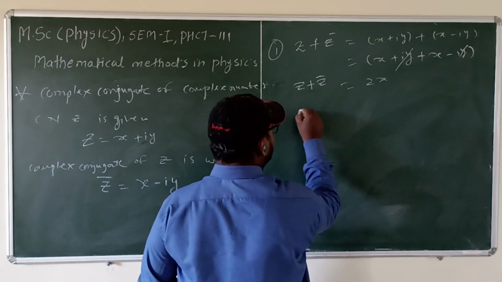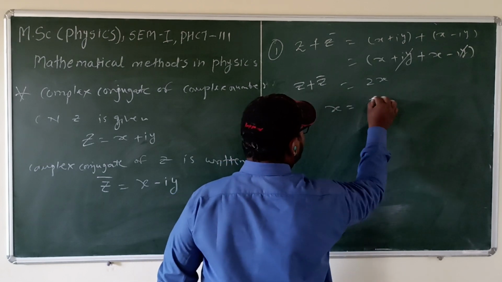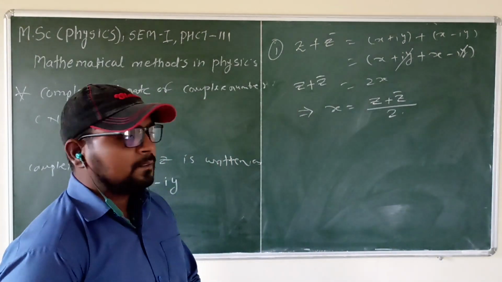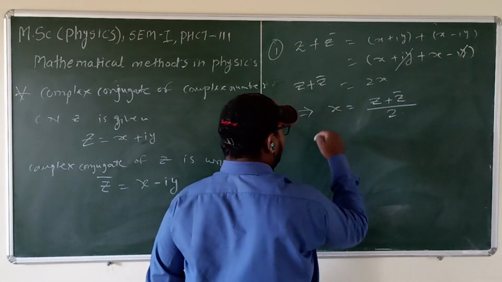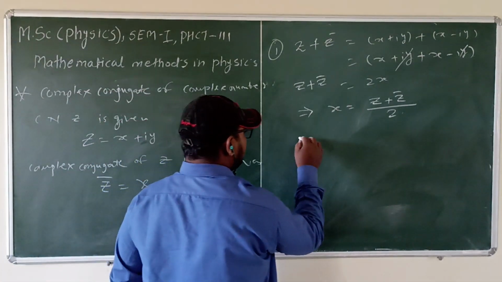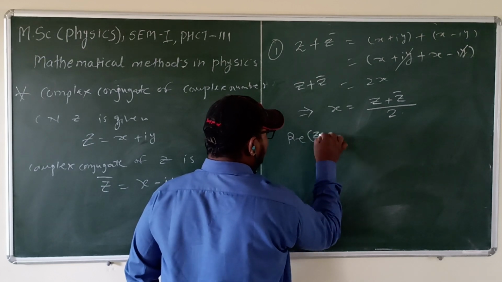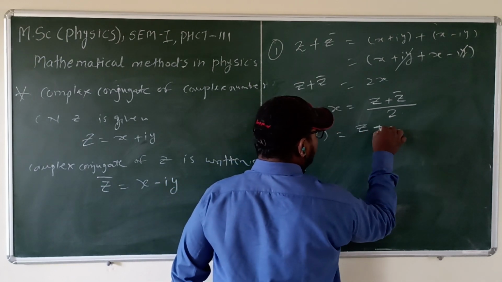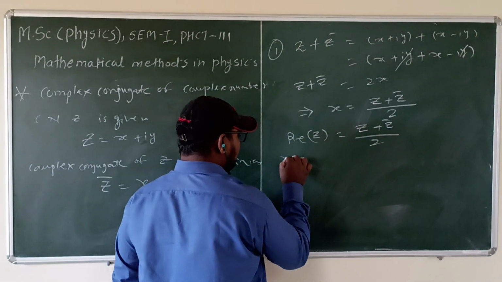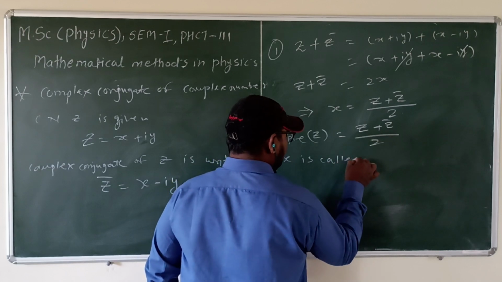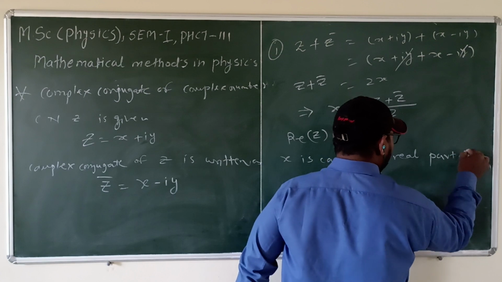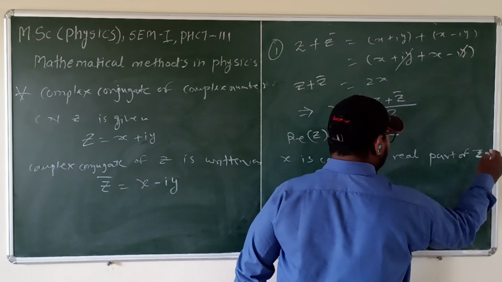So finally, rearranging this equation, we are left with x is equal to z plus z bar upon 2, right? So this x is called a purely real number. So the real part of z is x, equal to z plus z bar upon 2, where x is called the real part of the complex number.